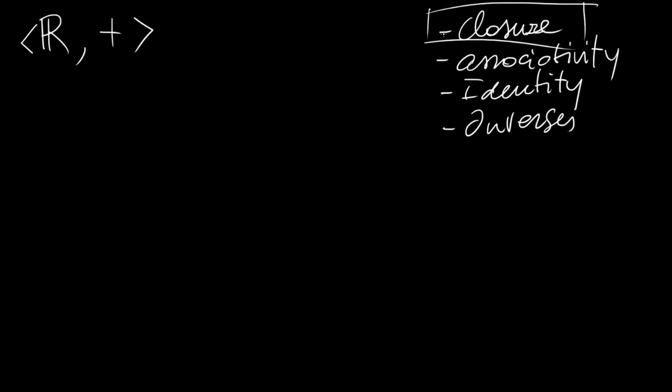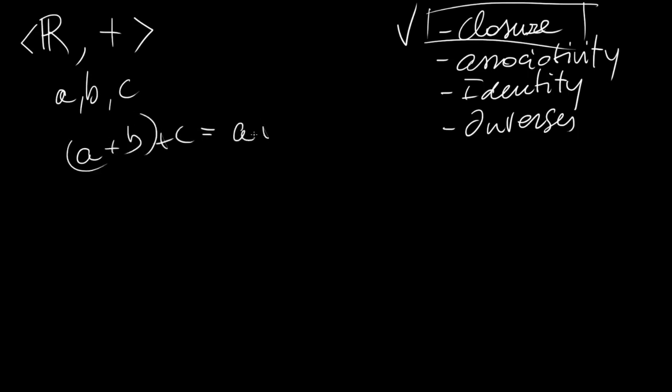Do we have closure? Are there any instances where I add two real numbers and my resulting element is not a real number? Well, no, there's no such thing. So we can put a check mark on closure. Associativity: we know that regular addition is associative. For real numbers a, b, and c, (a plus b) plus c is equal, obviously, to a plus (b plus c). So we have another check mark.